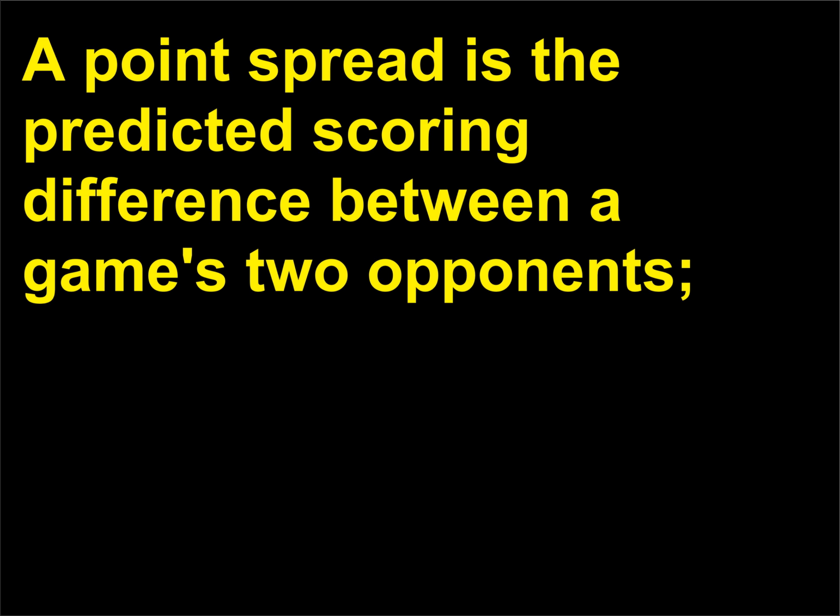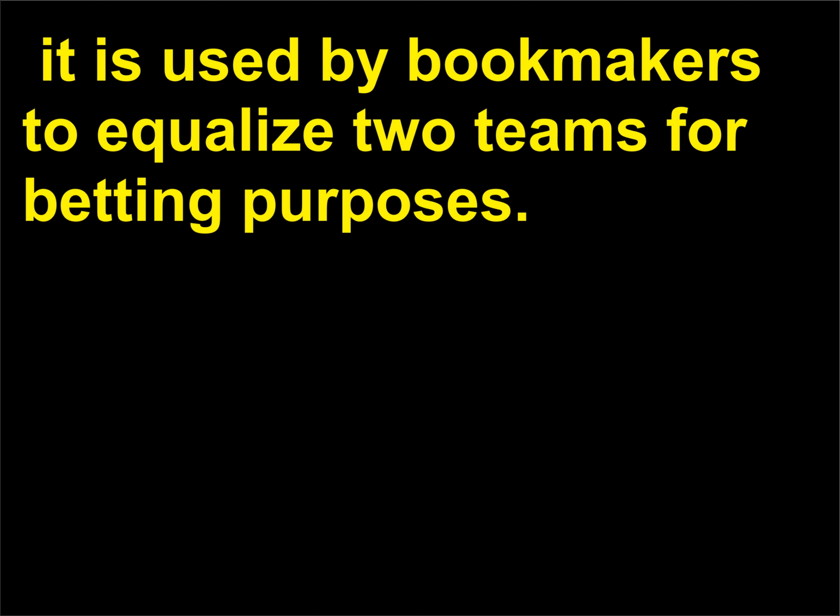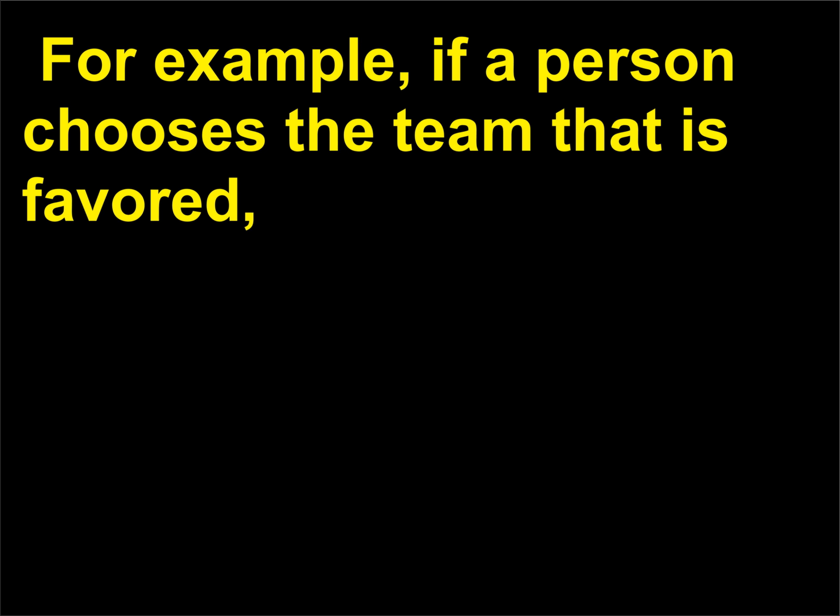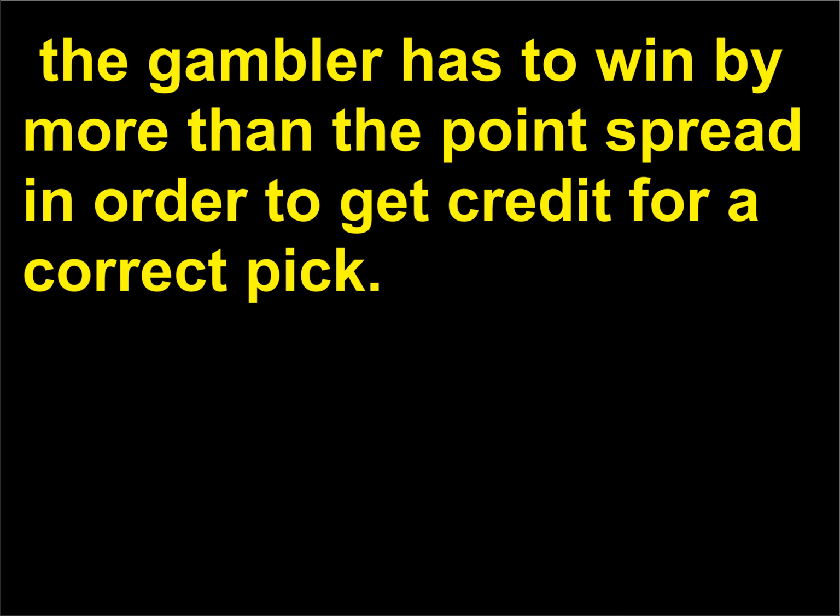A point spread is the predicted scoring difference between a game's two opponents. It is used by bookmakers to equalize two teams for betting purposes. For example, if a person chooses the team that is favored, the gambler has to win by more than the point spread in order to get credit for a correct pick.